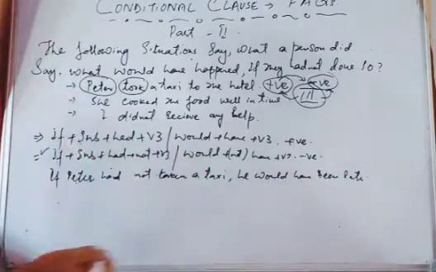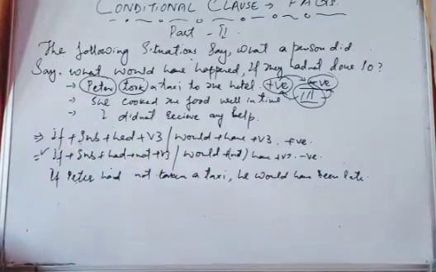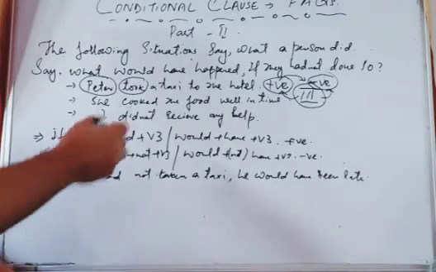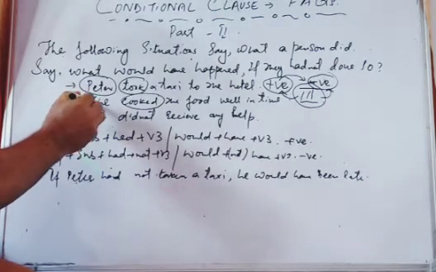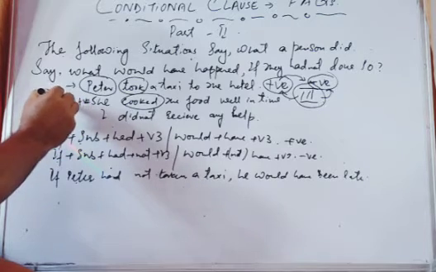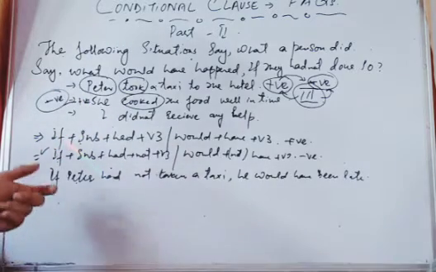That's it. In the second situation, the situation says she cooked the food well in time. It is the same situation. Cooked, second form of verb is used, so we have to use type third. This is positive sense, we have to use negative. We will do the same thing.